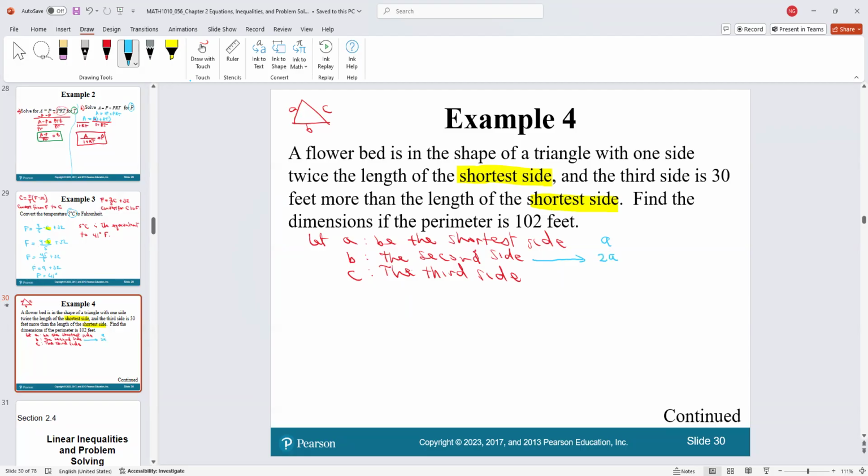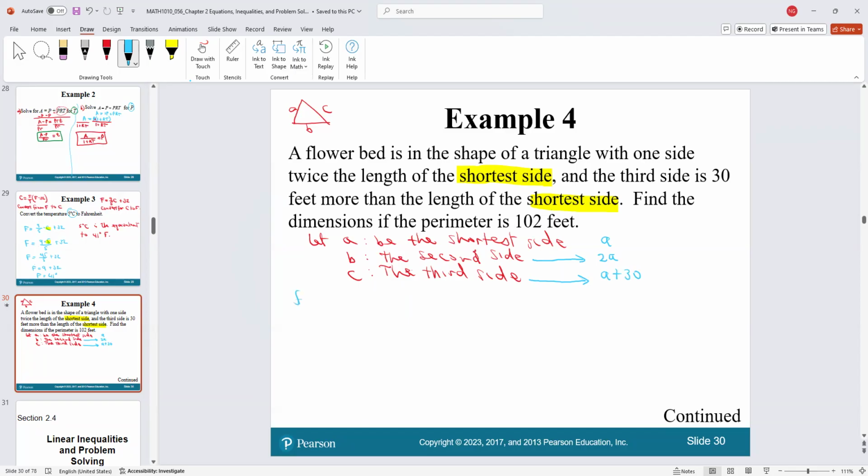Okay? And now we also know that the third side is 30 feet more. That means we need to add 30 to the shortest side. So we're going to have A plus 30.